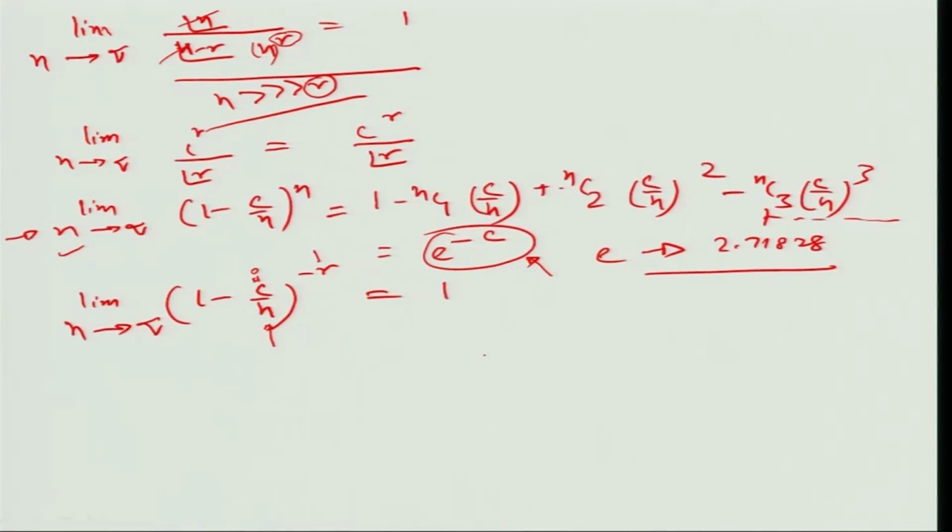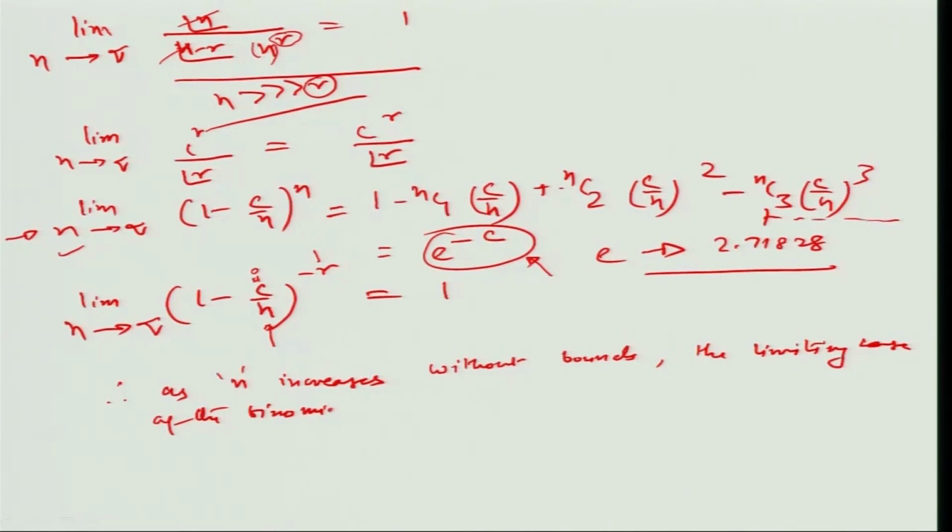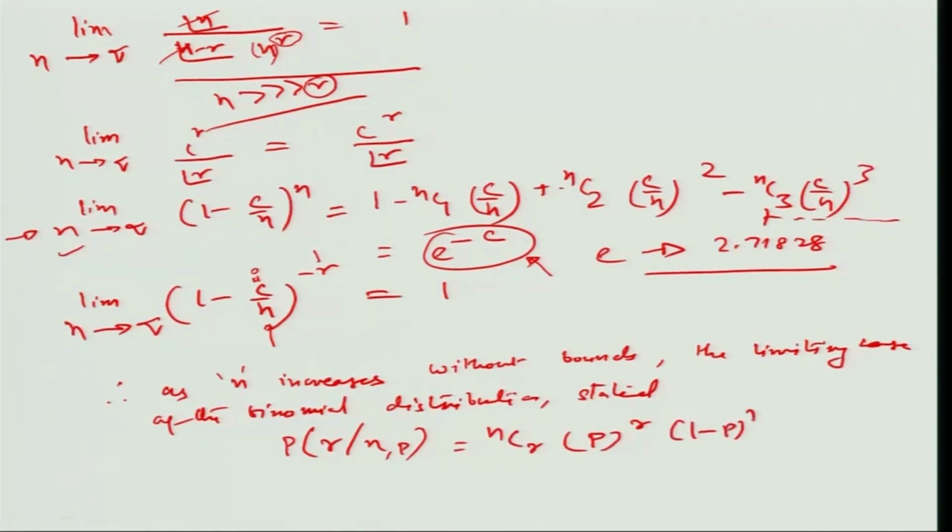So, the basic idea is that with all these limits on board, as n increases without any bound, the limiting case of the binomial distribution, stated as the probability of r occurrences given a large sample size n and the probability of one occurrence p small, is actually given by nCr p to the power of r (1 minus p) to the power of n minus r.